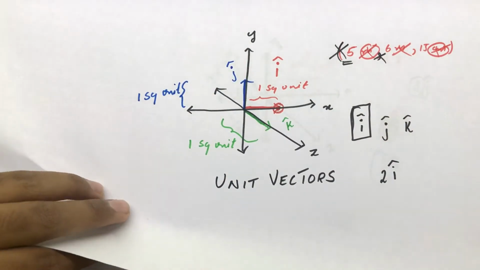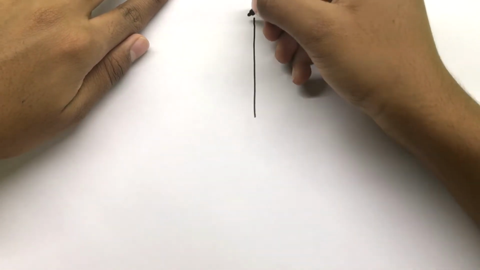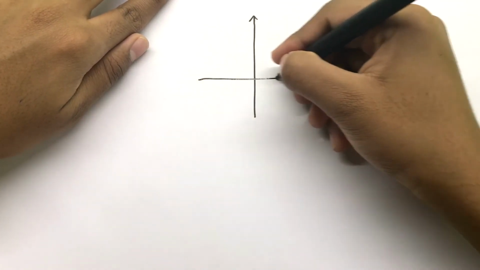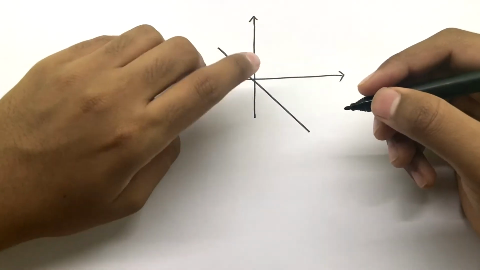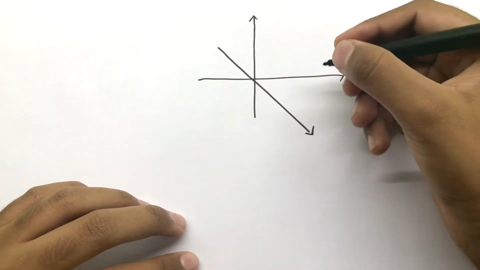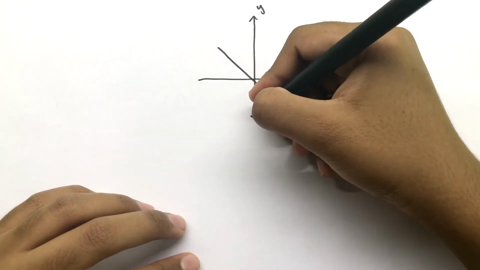So now let's take a complicated case and see how to represent that vector. Okay, so now let me draw our coordinate axis as usual again. Don't mind the point of coincidence, not drawn to scale of course. So x, y, z.